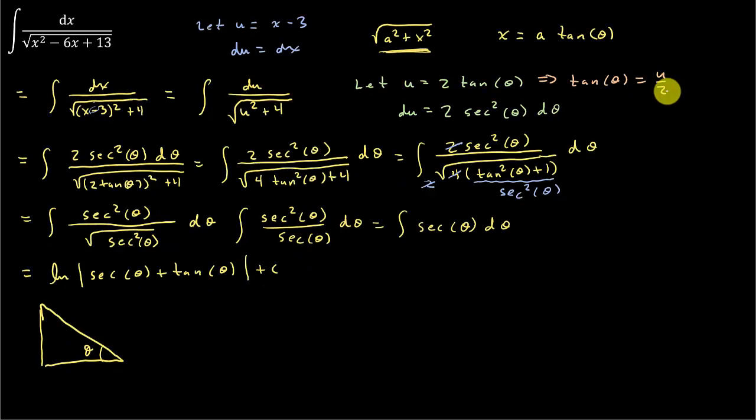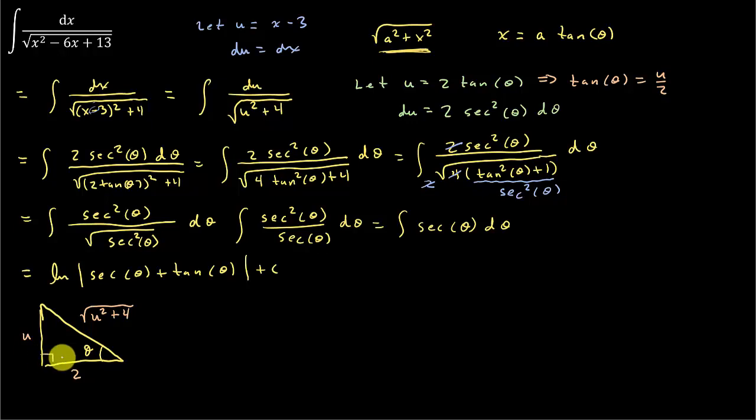And so if I fill this out, tangent theta is u over 2, so that means tangent is opposite over adjacent. And so if I solve this, this is going to be what? Square root of u squared plus 4. Pythagorean theorem. That's a right angle.